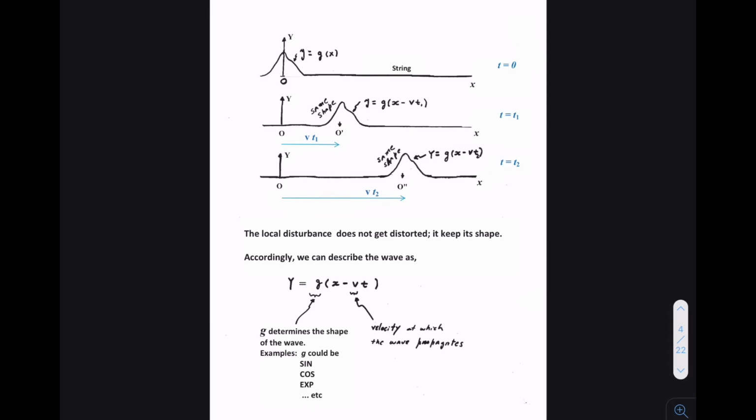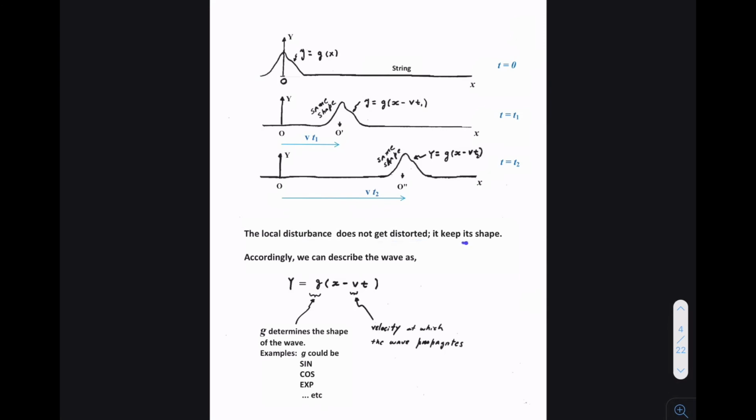For instance, for this forward propagating wave, with the increase of time the shape shifts towards the right, but it is of the same shape. So we can say that the local disturbance does not get distorted.